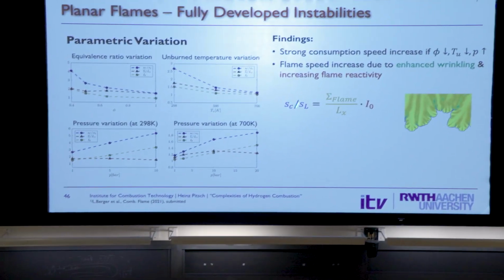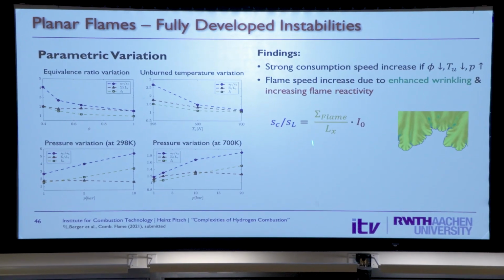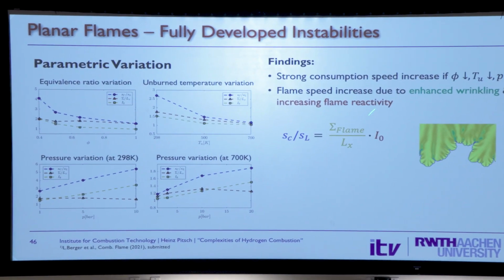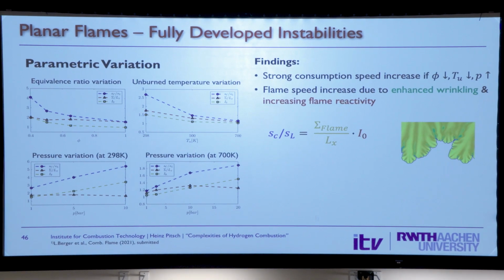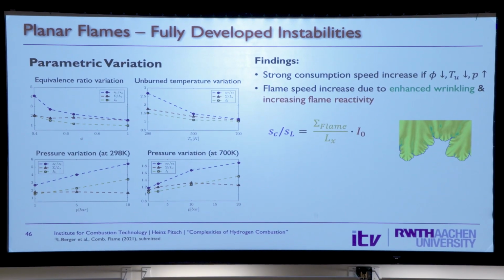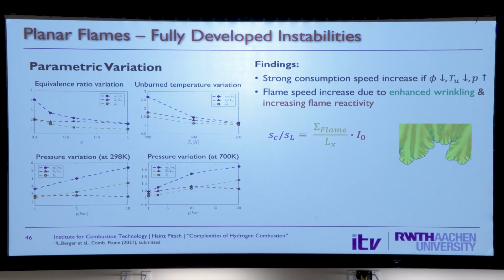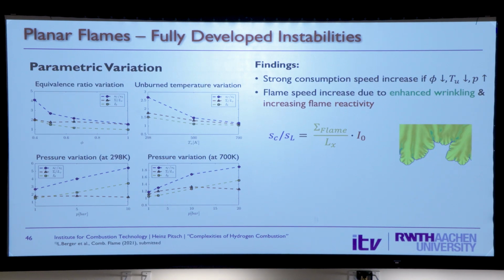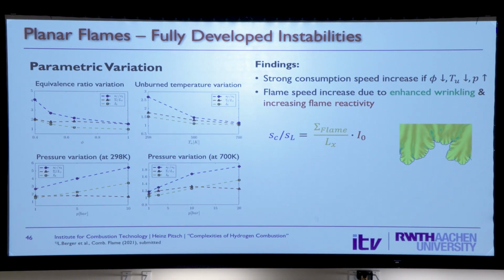We say the consumption speed is the increase in flame area times the increase in the stretch factor. Stretch factor just means what the flame speed is locally compared with the unstretched value. So this times this must be the total value.